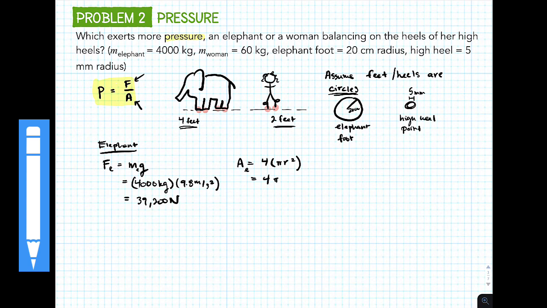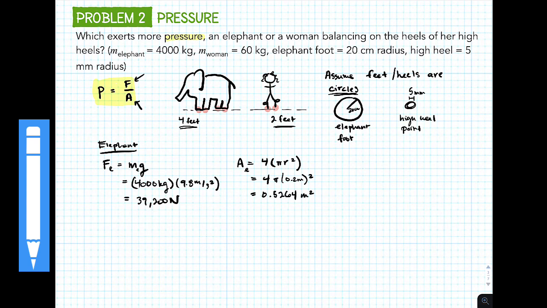4 times pi, and the radius is going to be 0.2 meters, and we're going to square that. So that's going to give us an area of 0.5264 meters squared.